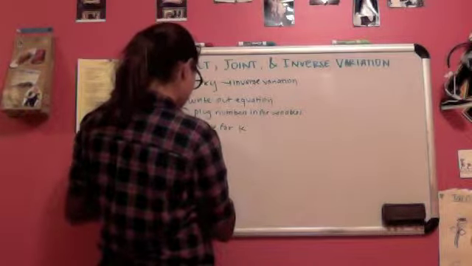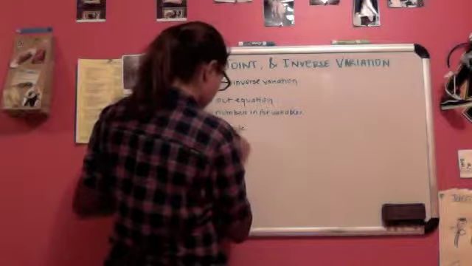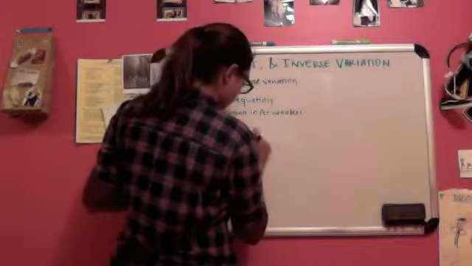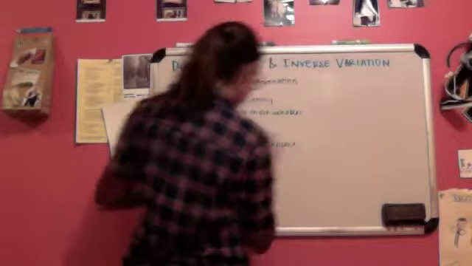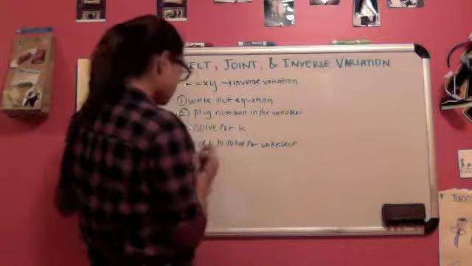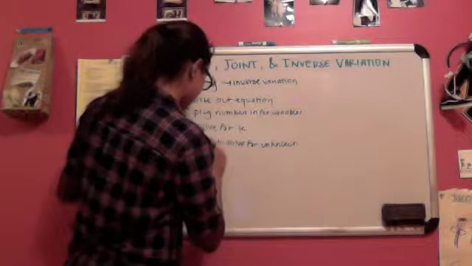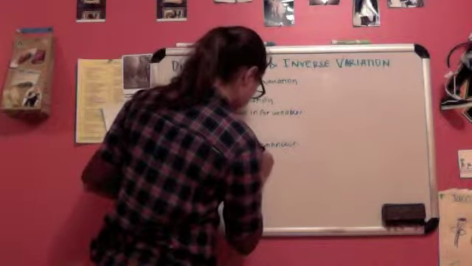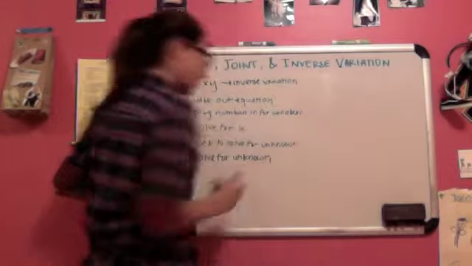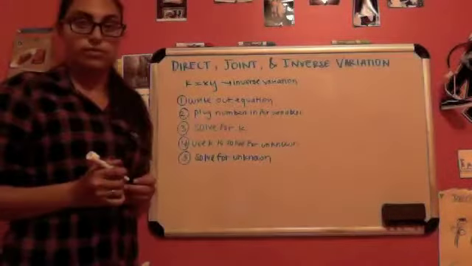Fourth, we have to use k to solve for the unknown. Fifth and last, we have to solve for the unknown. And those are your steps for inverse variation.